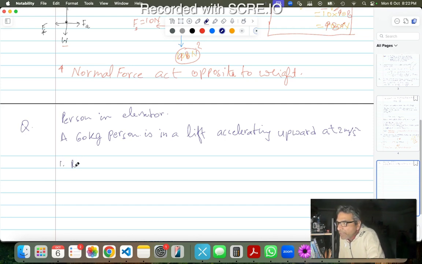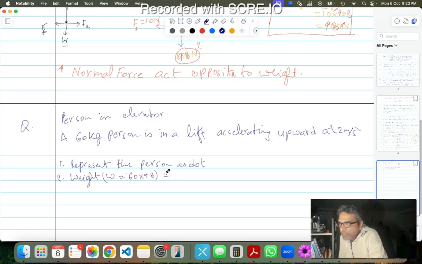So represent the person as a dot. So that will be our system. Okay. Secondly, weight W will equal 60 times 9.8, right?